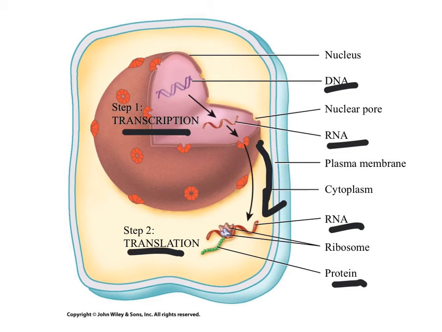Okay, I know that students get this confused all the time. The best way I can describe this is, when you transcribe something, you're rewriting something, okay? DNA, remember, we talked about this before. DNA is made of what? DNA is made of nucleotides.